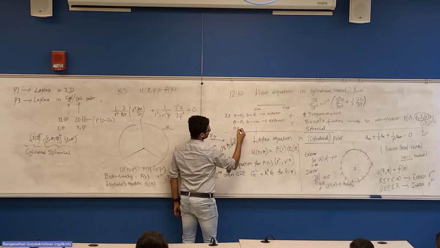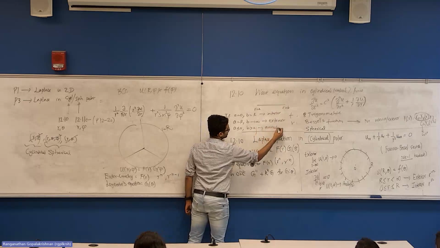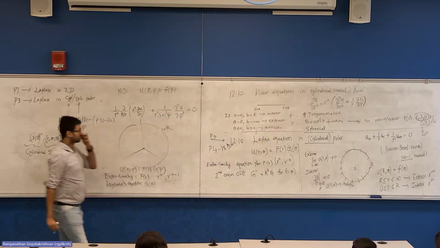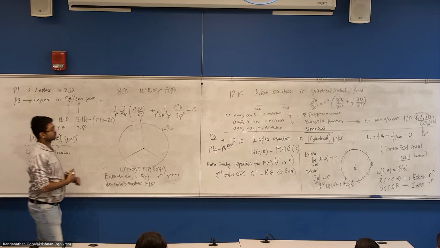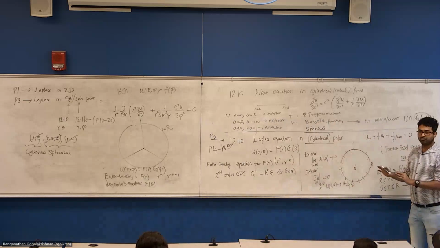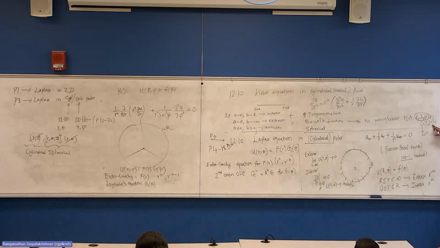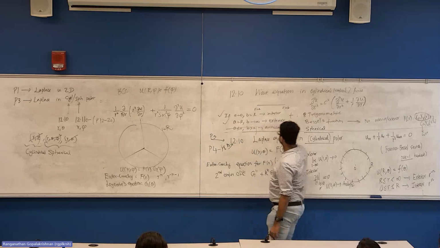And if a not 0 and b is greater than a, that will be an annular domain. I won't ask annular domain because we don't want to deal with this second kind in the exam. Okay, so it's going to be either this or this, not this.